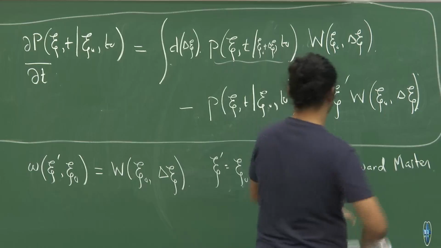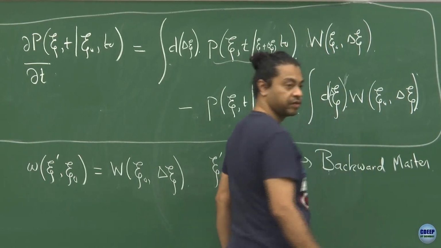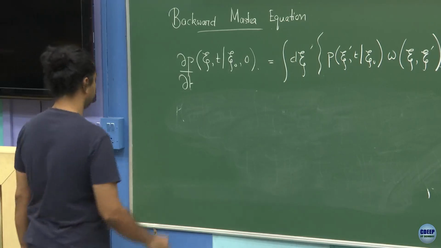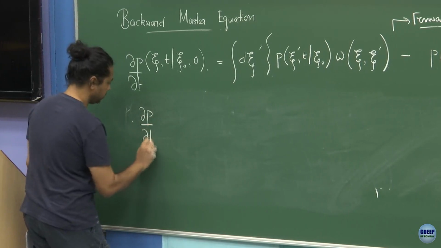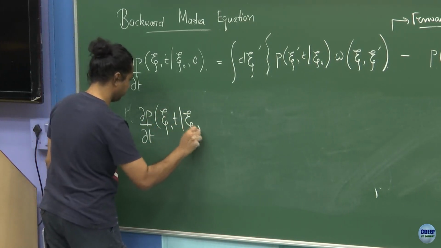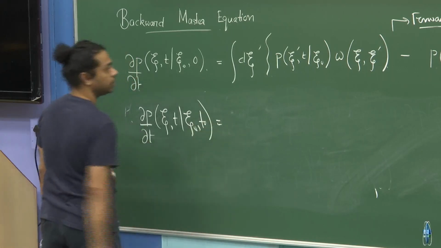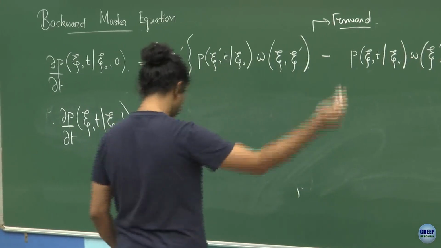of course, d of delta ξ. So then what I have on the left hand side is ∂P/∂t of ξ, t from ξ₀, t₀, which is equal to all of these terms.